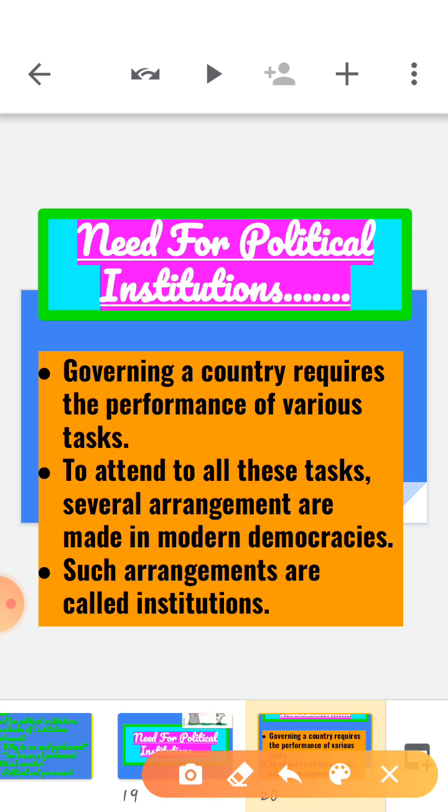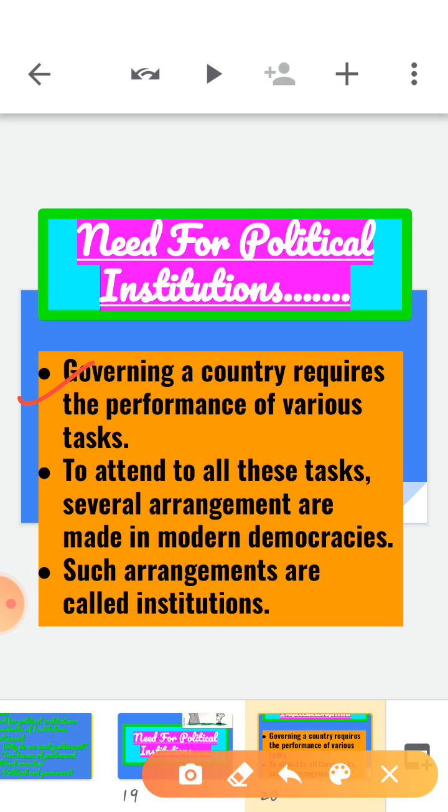Okay, children, we have seen one example of how the government works. Governing a country requires the performance of various tasks. For example, as you know, the government is responsible for ensuring security to the citizens and providing facilities for education and health to all.